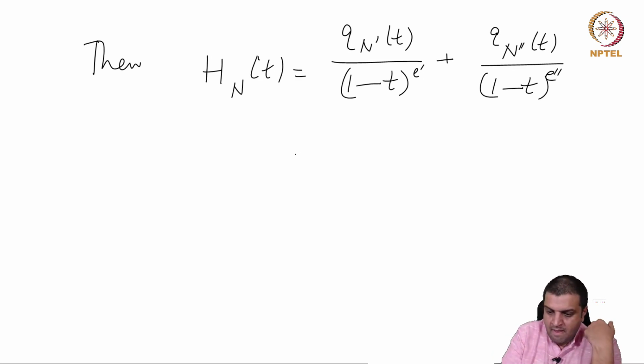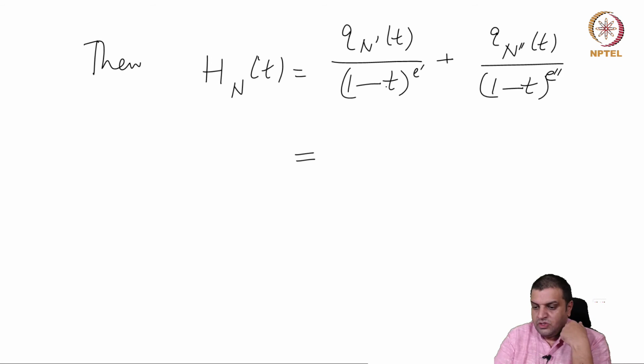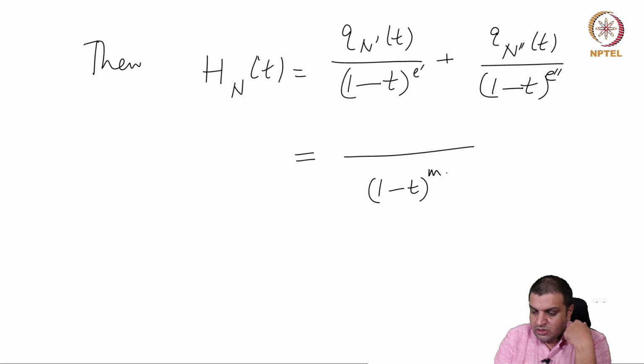Okay, so we have to adjust for the denominator, the exponent in the denominator. So we can say 1 minus t to the max of e prime, e double prime.